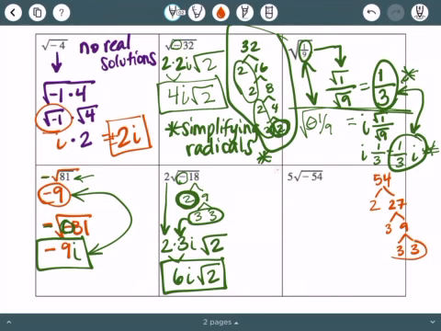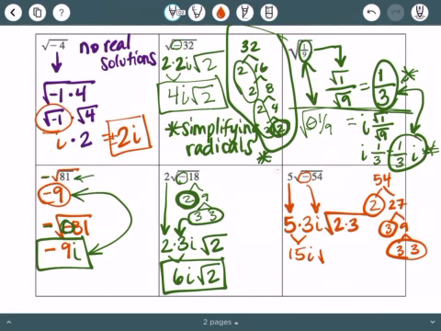I'm looking for pairs. That pair is there. So I have the 5 from before, the 3 that I just pulled out here, and I was left with a 2 and a 3 inside. So inside I'll have 2 times 3. And then that negative is going to create the I on the outside. So here I have 15I square root of 2 times 3, which is 6. Have my final answer there.